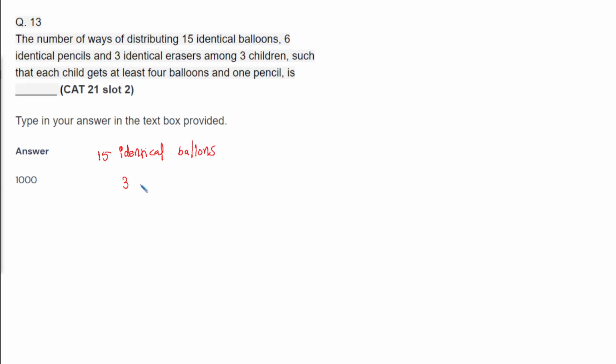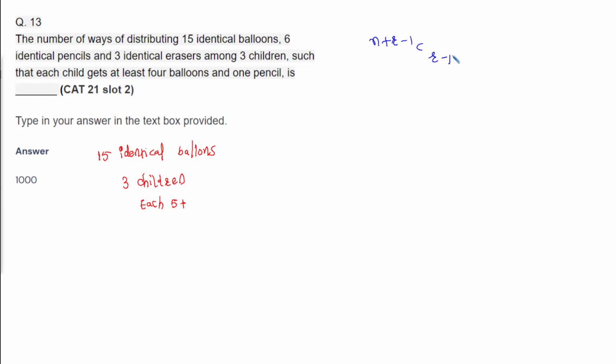And there are 3 children. Each gets at least 5. So again the same concept, the distribution of identical objects in between distinct boxes. The formula is n plus r minus 1 C r minus 1.